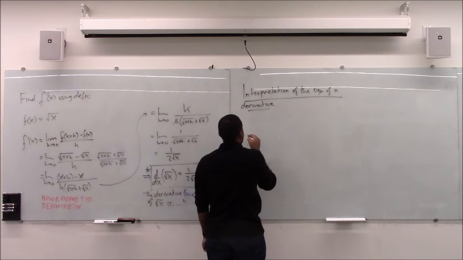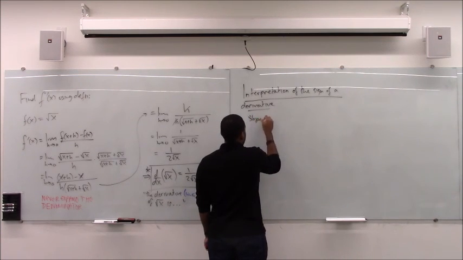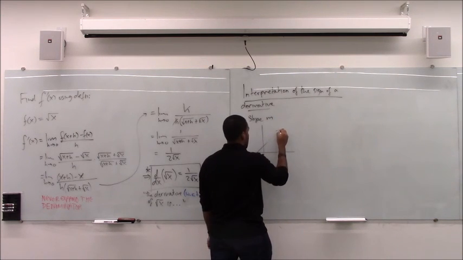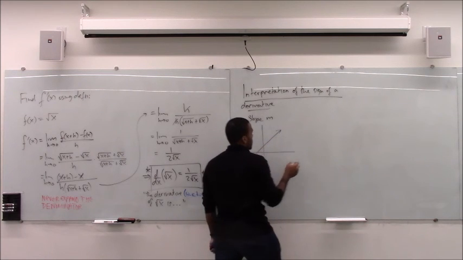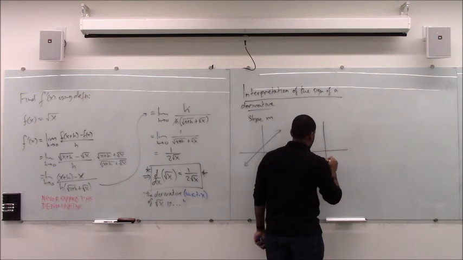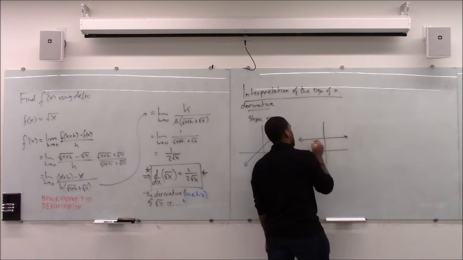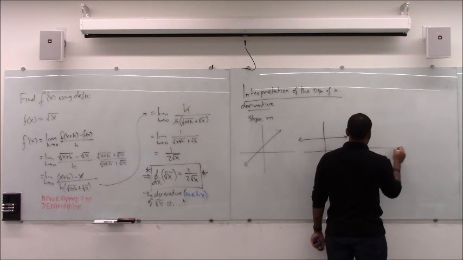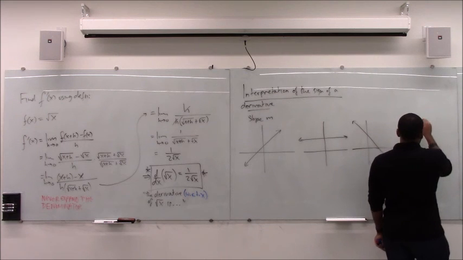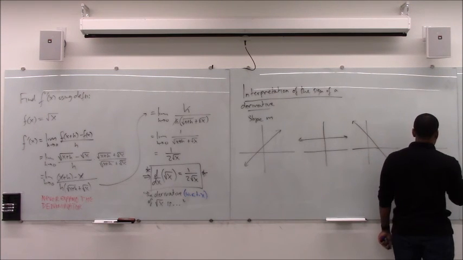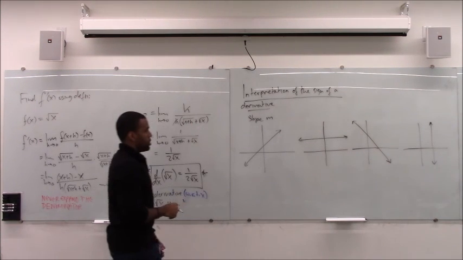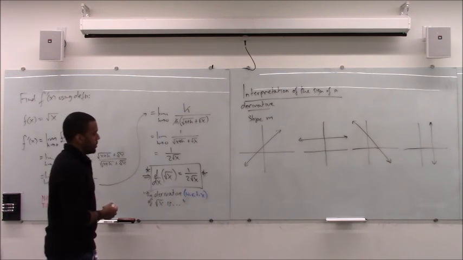So when it comes to the slope of something, let's say slope m, and you have something that looks like this, versus something that's horizontal, versus something that's coming down like that, versus something that's vertical. These are various situations using straight lines.